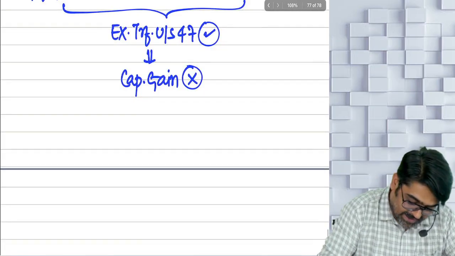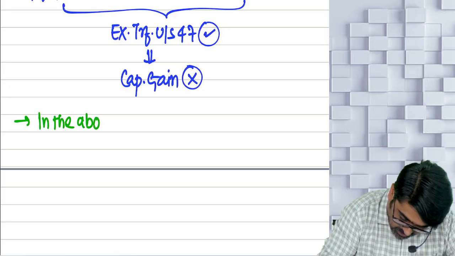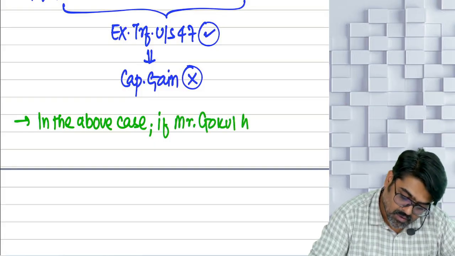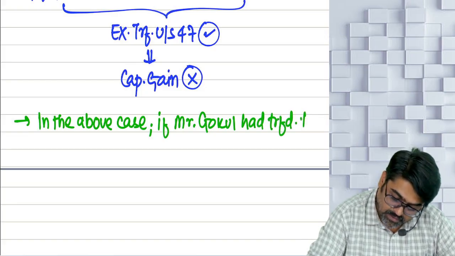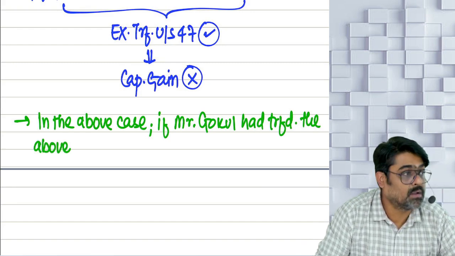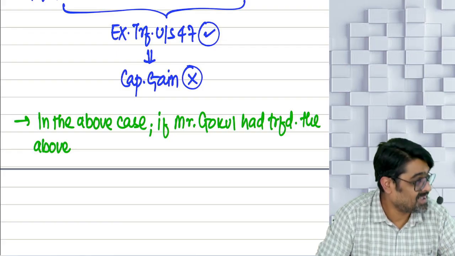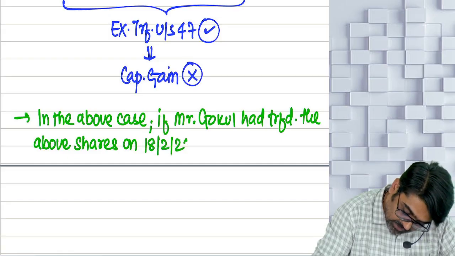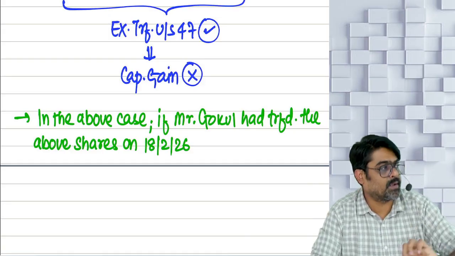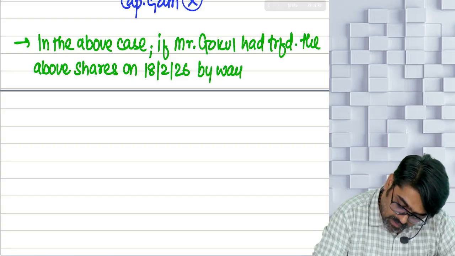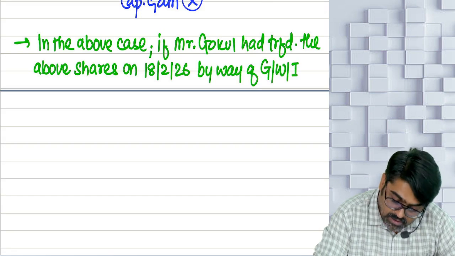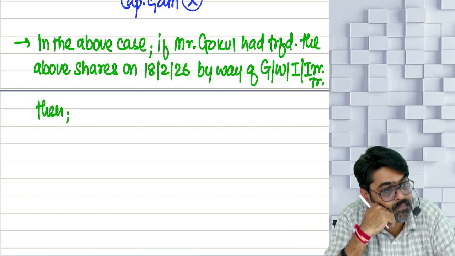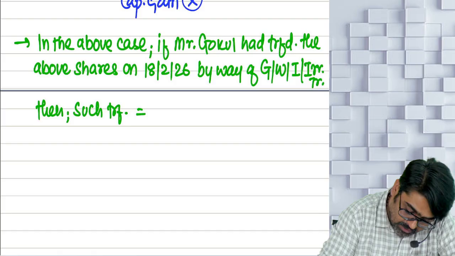Green color. In the above case, what did I say? In the above case, if Mr. Gokul had transferred the above shares, which he received from his employer as sweat equity shares or under ESOP, yes or no? So the above shares on 18th February 2026, on that same day, instead of sale, if it was transferred by way of gift, will, inheritance or irrevocable trust, then such transfer is equal to what?